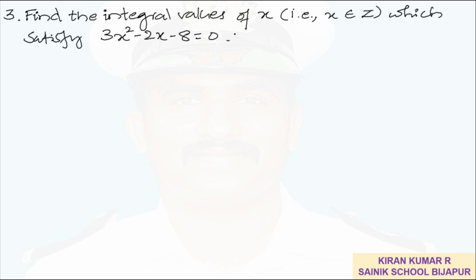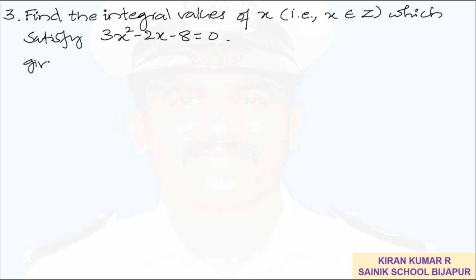They are asking the same question of solving x, but in a different way. After solving, we would get some roots. In those, I have to identify which are the integers. That's what it means.